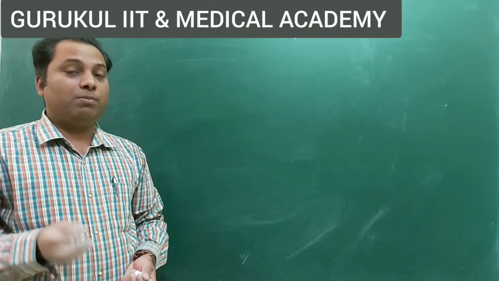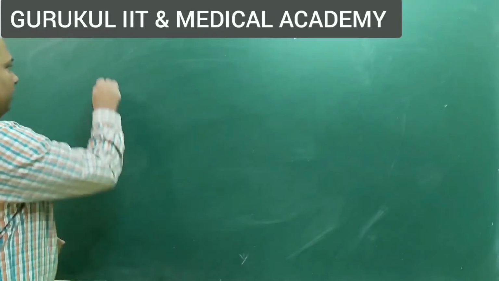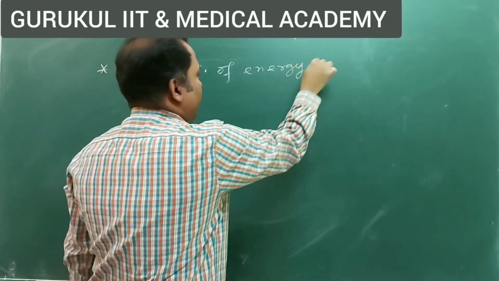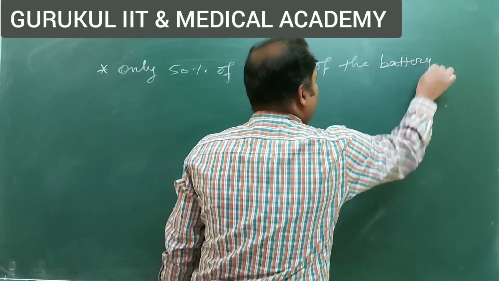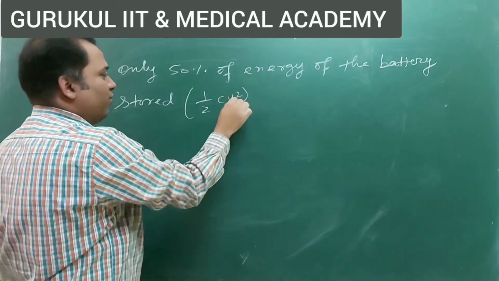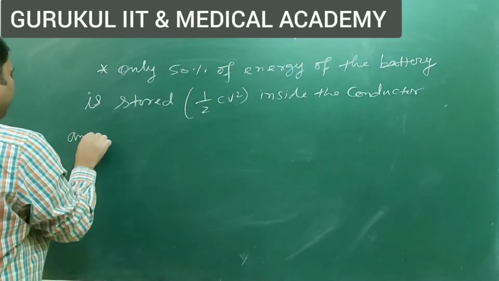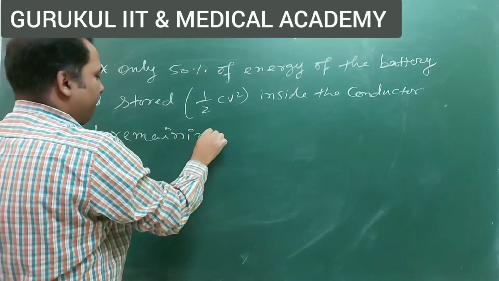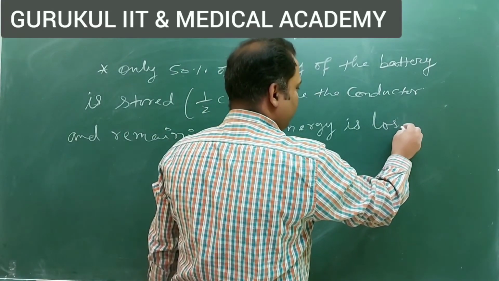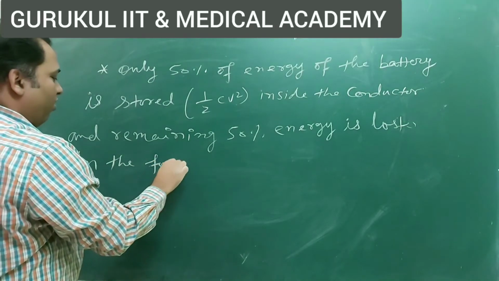Only 50% of the energy of the battery is stored inside the conductor, meaning half C V square, and the remaining 50% of the energy is lost in the form of heat.